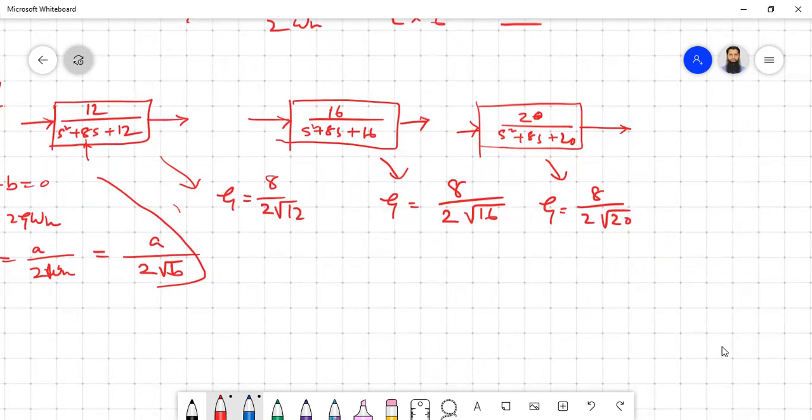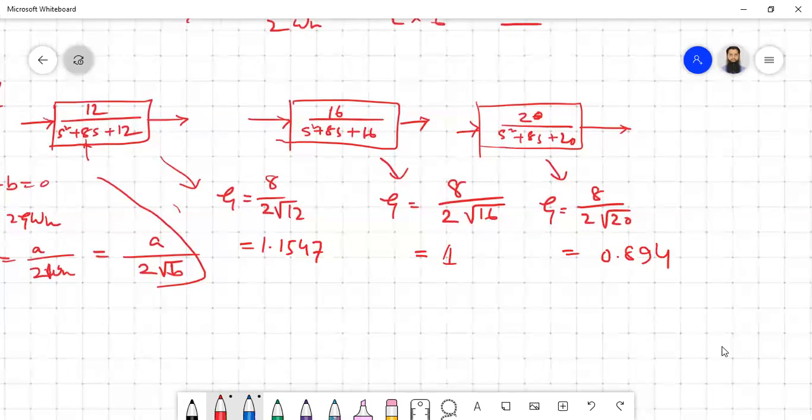If you calculate the first one, you are going to get 1.1547. The second one gives 8 by 8, that is 1. And the third one will give you 0.894.